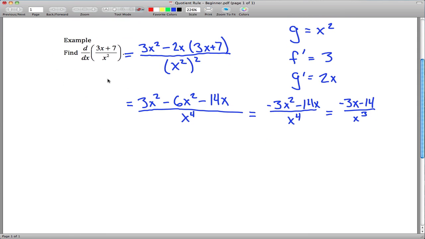Maybe it's instructive to show another way to solve this problem. If you do a little bit of work beforehand, you can save yourself a lot of work when you're actually taking the derivative.